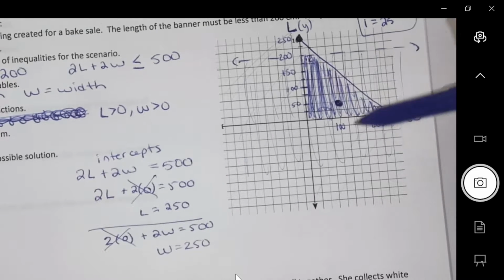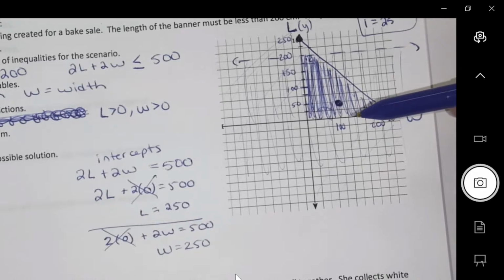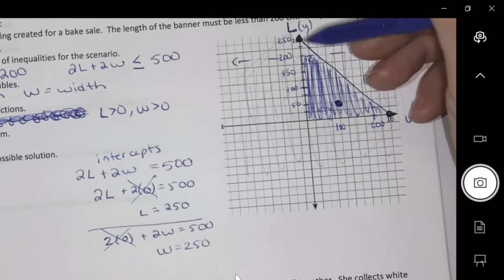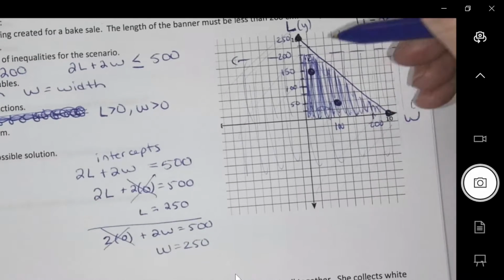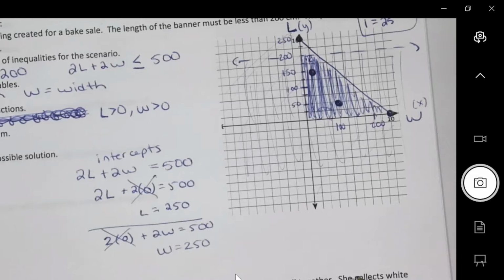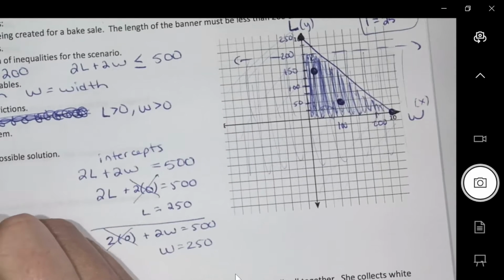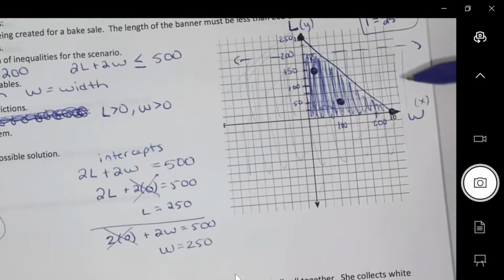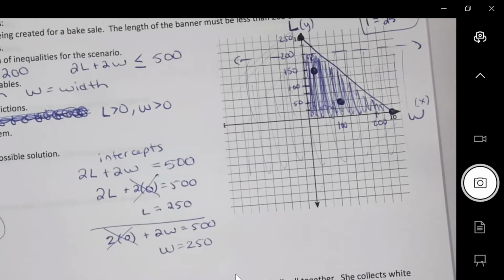Can you get me another coordinate in there that would work? This would be a coordinate that would work. So that would be 50 width and a length of 150. Okay, any point that you can pick that's in that zone would work.